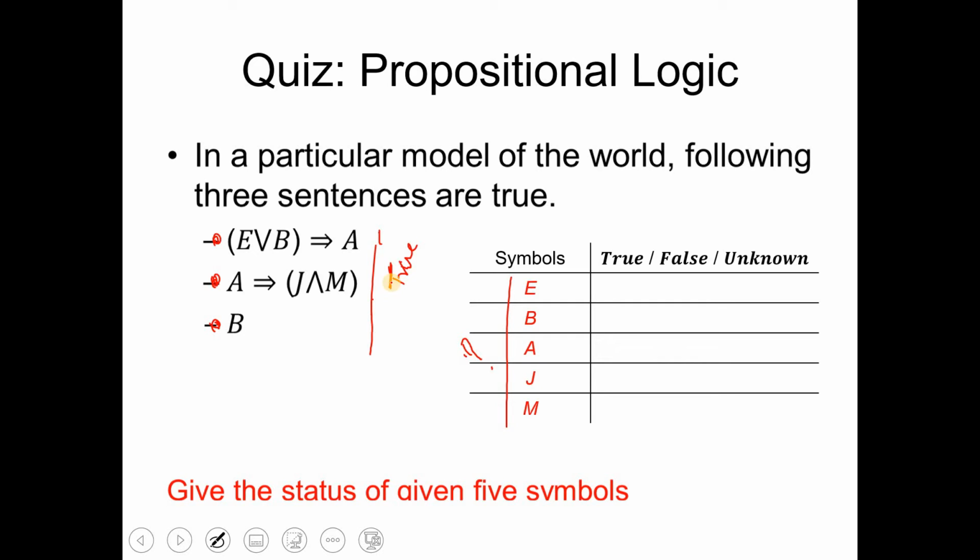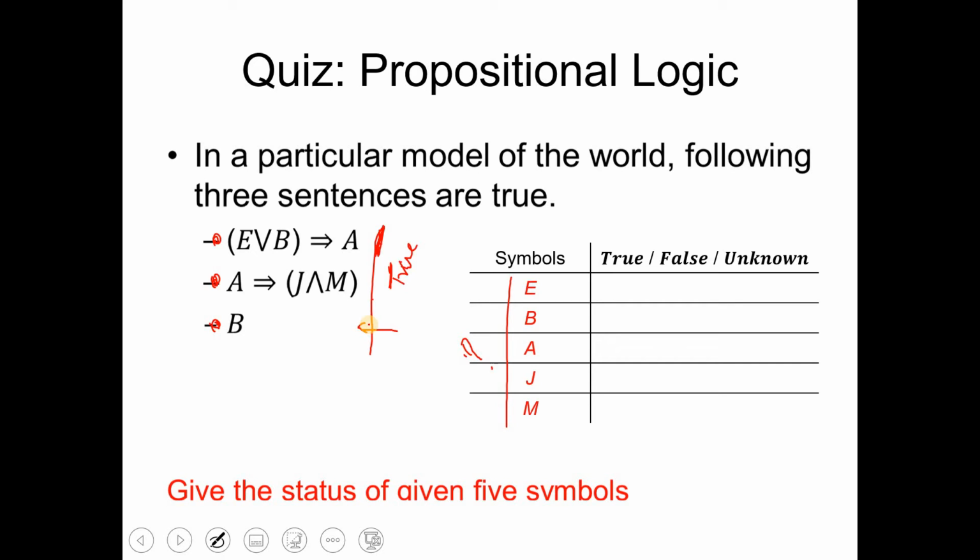For this purpose, there is no fixed rule from where you will start. You will try to start from the sentence that is the smallest. Over here, the smallest sentence is B. Just imagine when this sentence will be correct or true. It will be correct when B is true.